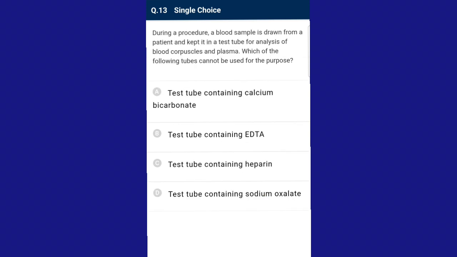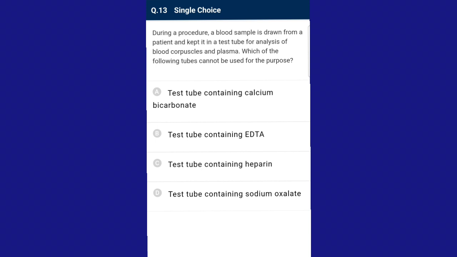Question number 13. During the procedure, a blood sample is drawn from a patient and kept in a test tube for analysis of blood corpuscles and plasma. Which of the following tubes cannot be used for this purpose? Test tubes containing calcium bicarbonate are not used for this purpose.